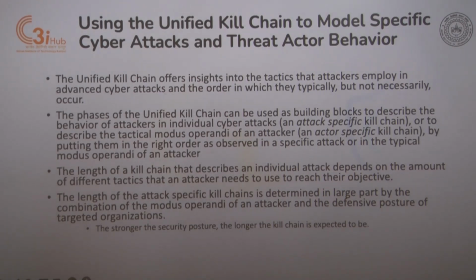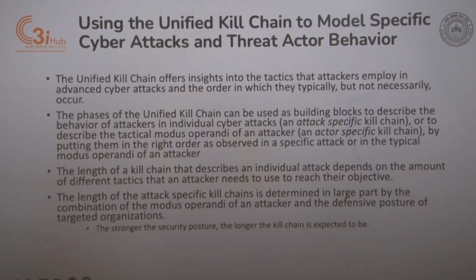So now once we understand whether it's LMCKC, MITRE ATT&CK or UKC, one has to understand how we are going to use this kill chain concept or framework in real time. We will discuss for UKC today that once we have an attack behavior or attack patterns list of what has been executed in the environment, we can prepare a kill chain with similar sequential steps which attackers follow.